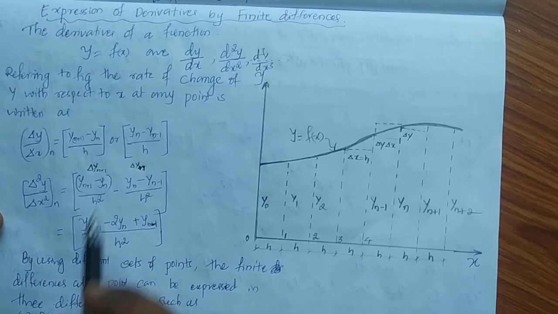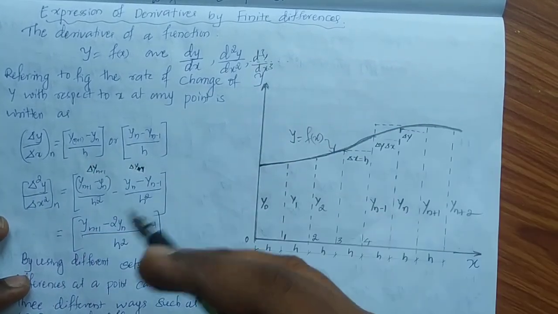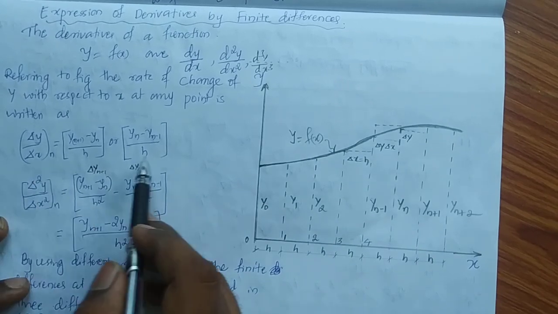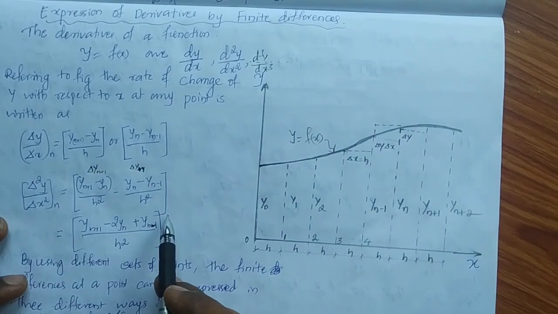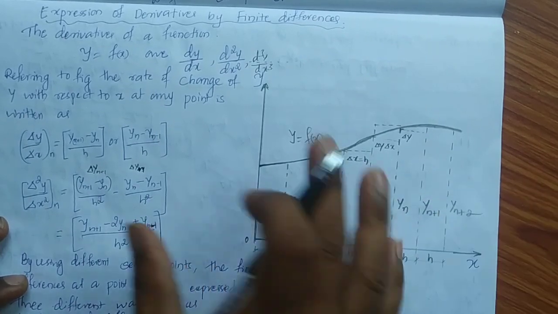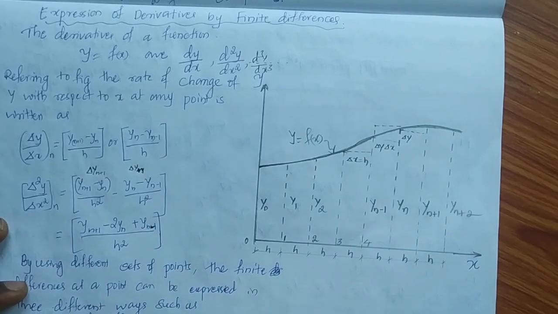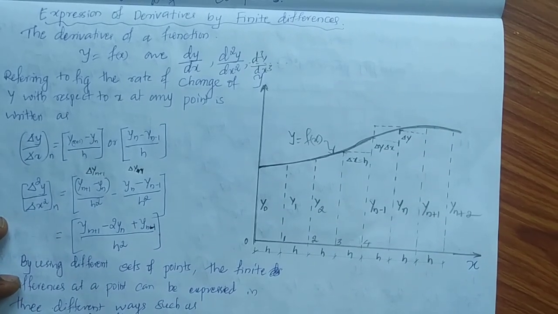This is how we calculate the differences at higher levels: first order differentiation, second order differentiation. Because we are doing it at finite points, this method is called the finite difference method.